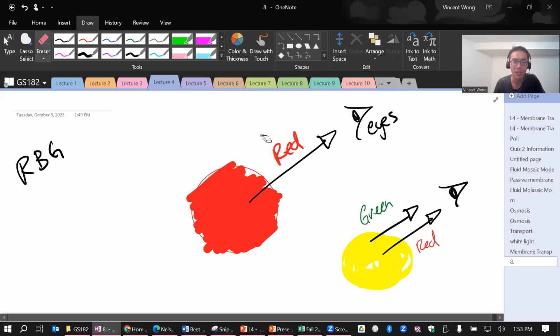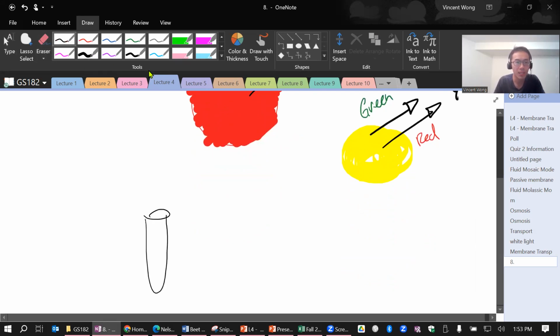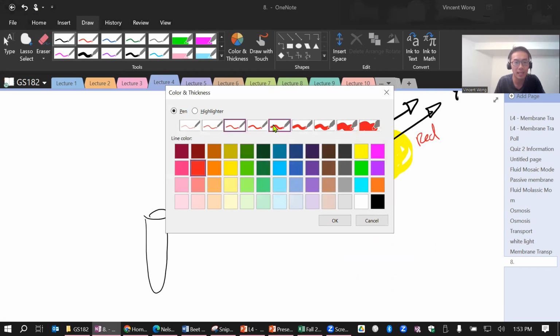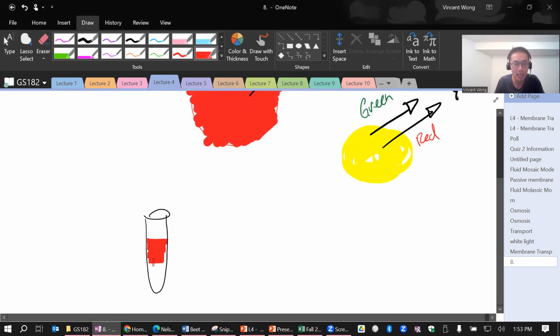So back to here. If something is red, it absorbs everything except for red light. We have the test tubes, with different intensities of red color, depending on how much beetroot juice pigment has leaked out.